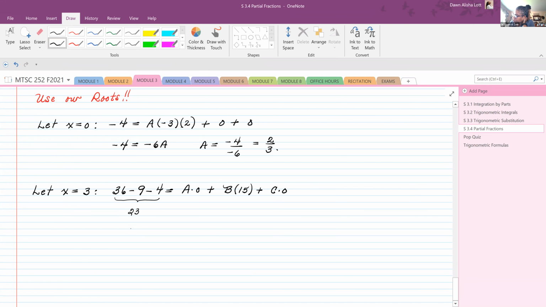Almost. It's the other way around. Oh, 23 divided by 15. Yes. Very good. So now b is 23 over 15. Now, how do you think I'm going to solve for c?